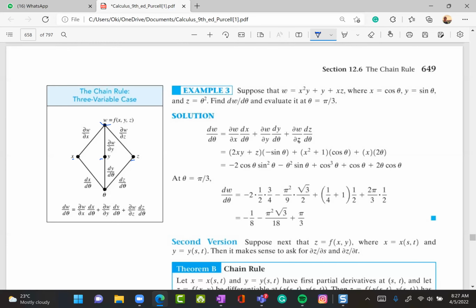When you take the derivative of W with respect to theta, you have 3 paths from W to theta. The left one is dW/dx times dx/dtheta, the middle path is dW/dy times dy/dtheta, and the last one goes through z to theta. That's the only difference.